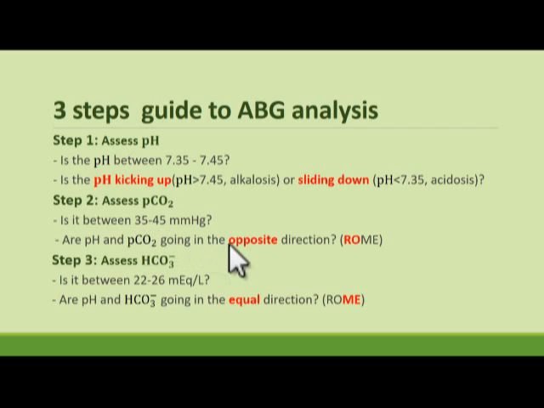If pH and PCO2 are going in the opposite direction, then it is respiratory. In the third step, check the HCO3, if it is in the normal range or below or above the normal range. If pH and HCO3 are going in the equal direction, then it is metabolic.